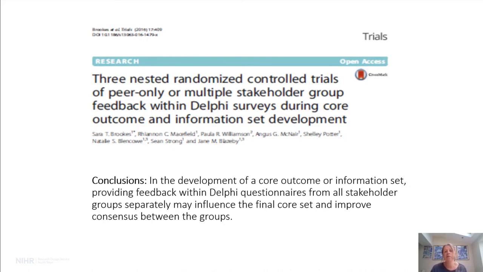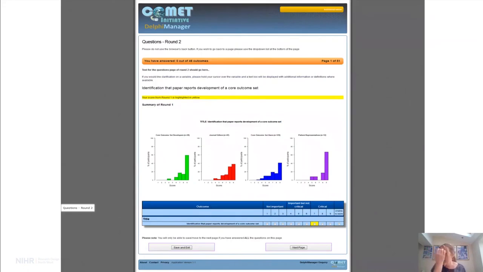And you can show that if you present feedback for those two groups separately, but everybody sees those results for the two groups, it actually increases the resulting consensus. So in an online system, it would look like this. You wouldn't necessarily have those 4 graphs, but each graph is showing the distribution of scores for different stakeholder groups.